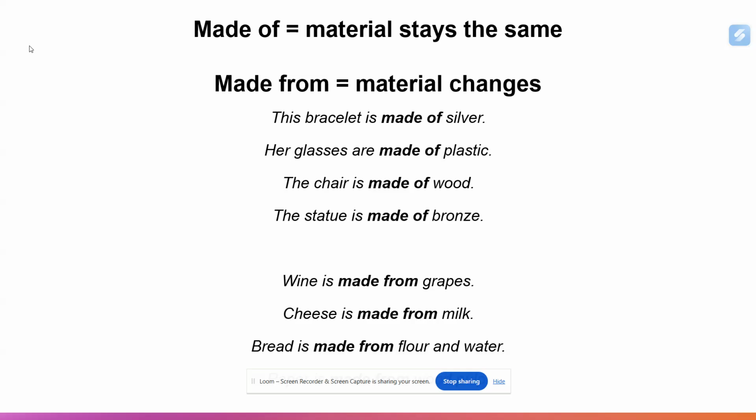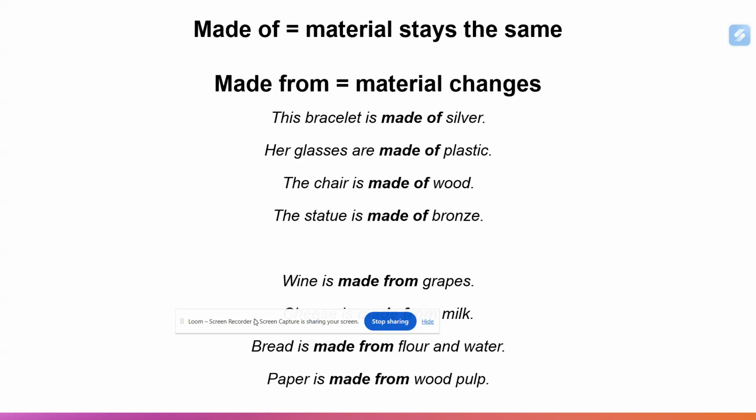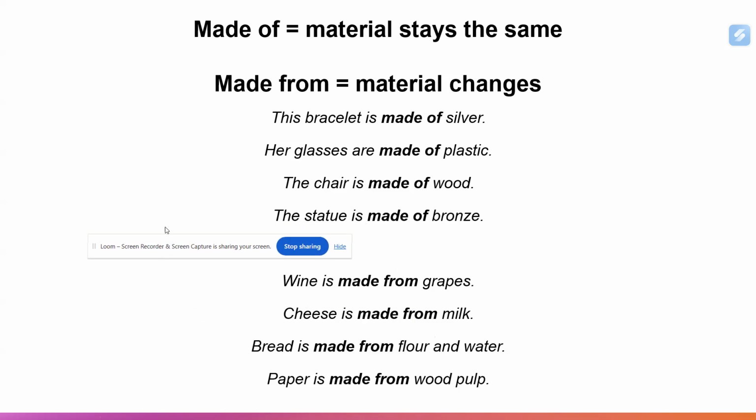Okay. But for made from, look at the examples. Wine is made from grapes. Okay. Cheese is made from milk. Bread is made from flour and water. Paper is made from wood pulp. Okay, so you cannot see grapes in wine.